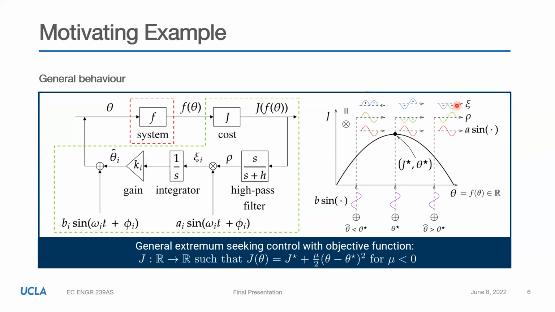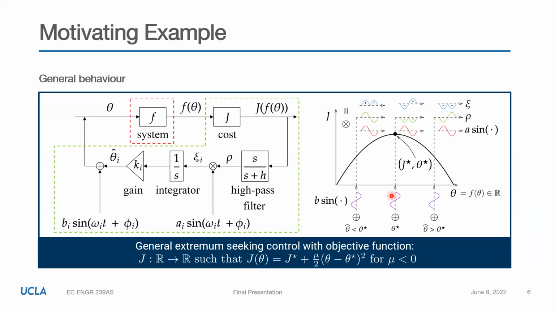You're integrating this negative value when theta hat is greater than theta star, and it brings it back to theta star. Okay, and this is all dictated by Z, which again is found by multiplication of the high pass filtered cost function, which is rho, by this sinusoidal perturbation, which is multiplied to rho.